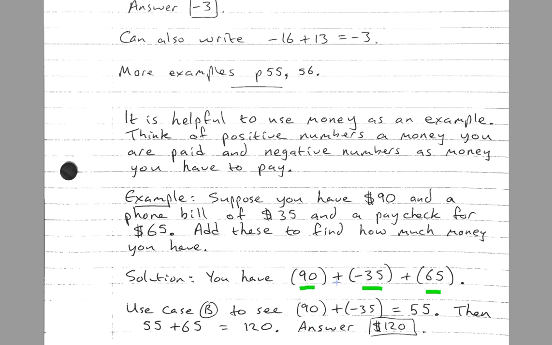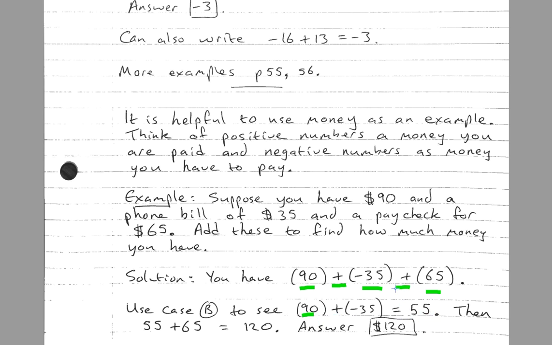All right, so here we're adding three things, but we go from left to right, so do this addition first. So 90 plus negative 35. That's a case B situation. Subtract the absolute values to get 55, and the answer is going to be positive since this is positive.